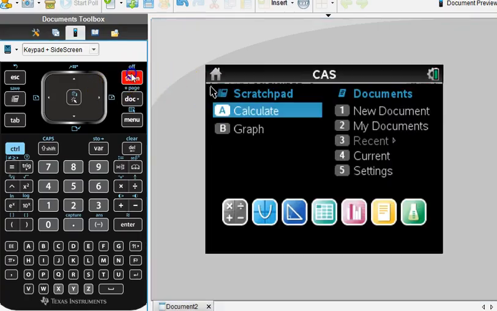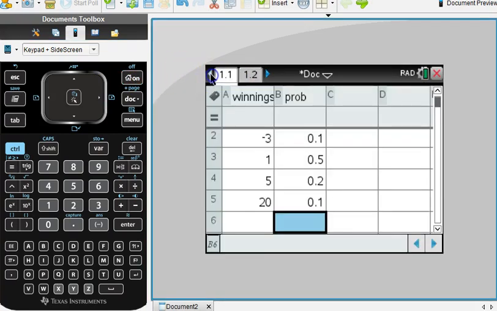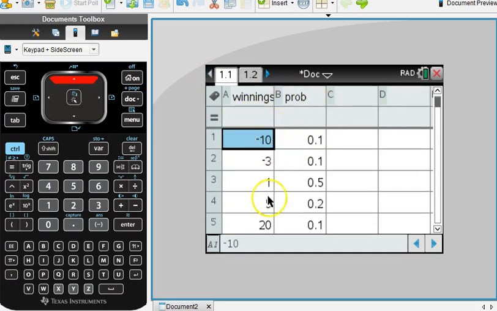You would need to go to a document and make two lists. So I made a list. Let me go up here, up arrow 1. I made two lists. One list had all the possible outcomes. The other list had all of their probabilities. Then I did one variable stats using those two lists, the list of the data with its frequency.